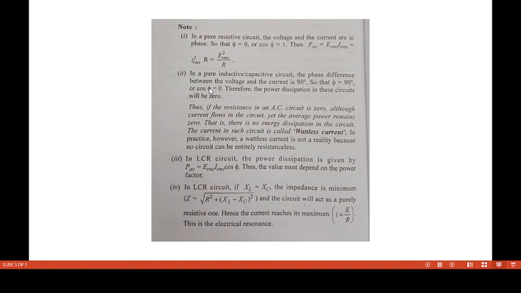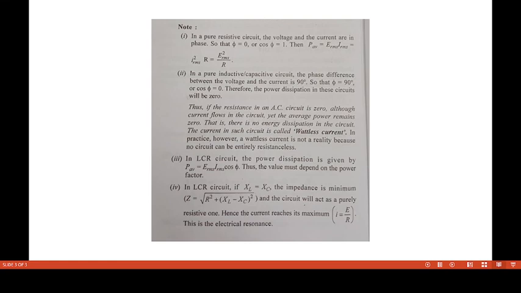And now in a pure inductive or capacitive circuit, the phase difference between voltage and current is 90 degrees. We know that either voltage lags behind current by 90 degrees or voltage leads by 90 degrees in the case of a purely inductive or capacitive circuit.